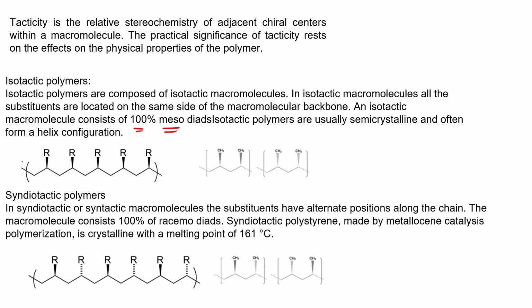Now, how to decide that? With NMR you can decide this, with the help of these two hydrogens. For this kind of meso diad, this hydrogen is closer to this R group and this R group, but for this hydrogen, they are far away.